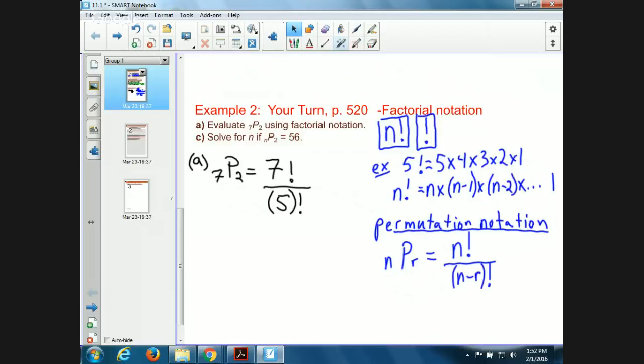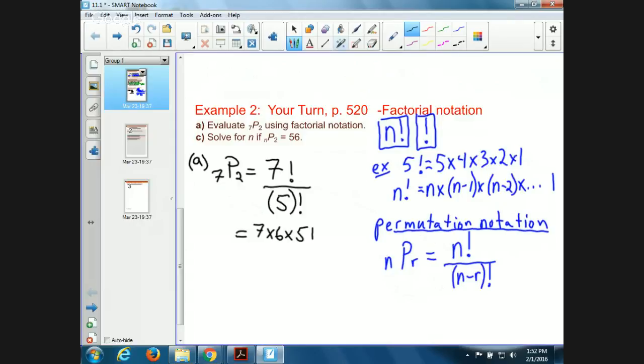Okay, how are we going to evaluate this? I definitely, if I was doing this in my head, would not want to calculate out 7 times 6 times 5 times 4 times 3 times, okay, and you get it. You don't want to do that. So what does 7 factorial mean? It means 7 times 6 times 5, and so on, and down.